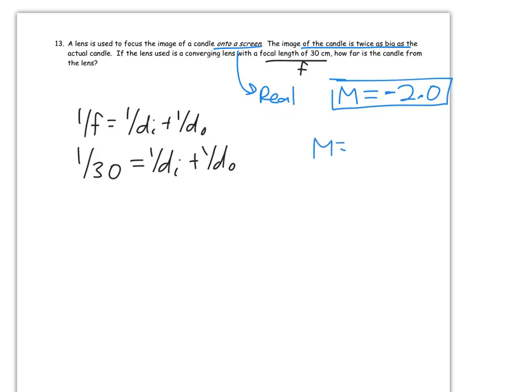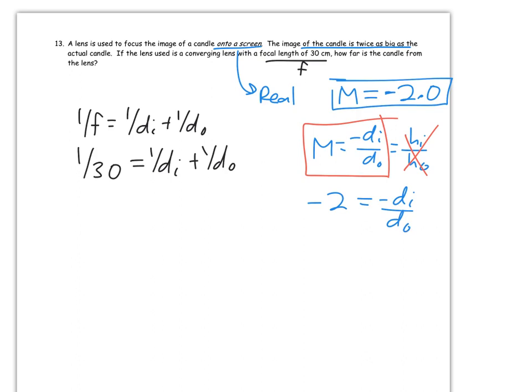So we can say that magnification is negative di over do, or hi over ho. As per usual, we're just going to take two of these terms, so we'll take the first two here. And so what I can say is negative 2 equals negative di over do. Now you might think we don't know either one of these, this still isn't that helpful.